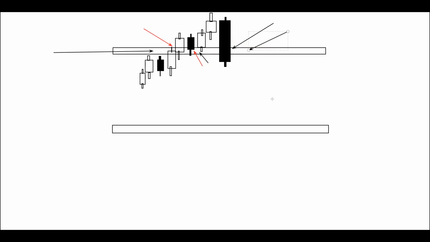When you start looking at the charts, you'll notice the next candle might do a retest and then continue down. So this move up becomes a fake out, a bullish fake out.